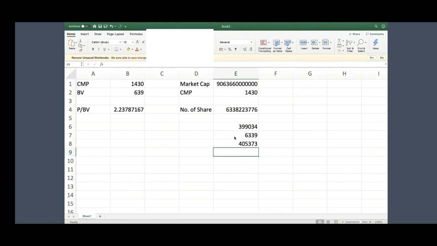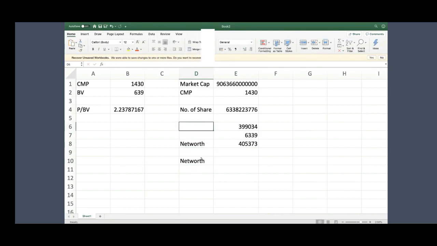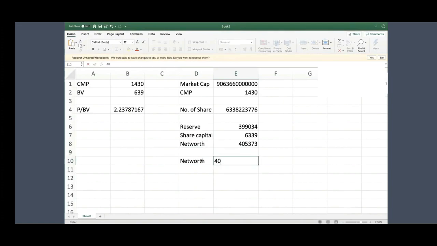And for the time being, we can call that this is the net worth of the company, because we have added reserve, surplus, and share capital. So 405,373, and then since it is in crore, 7. So this is the net worth of the company.